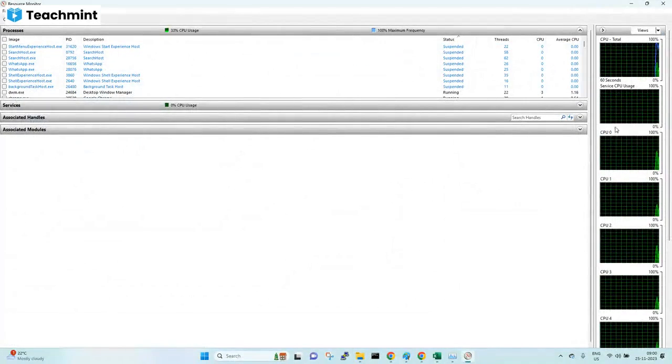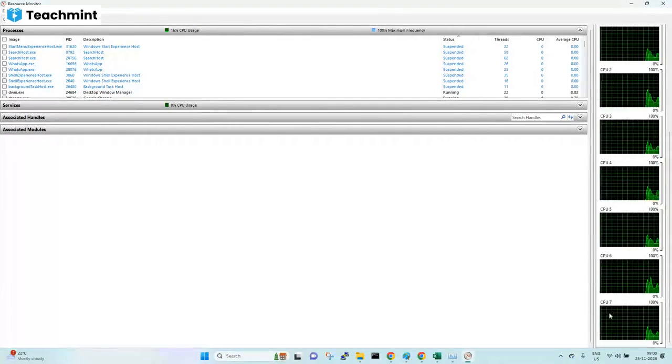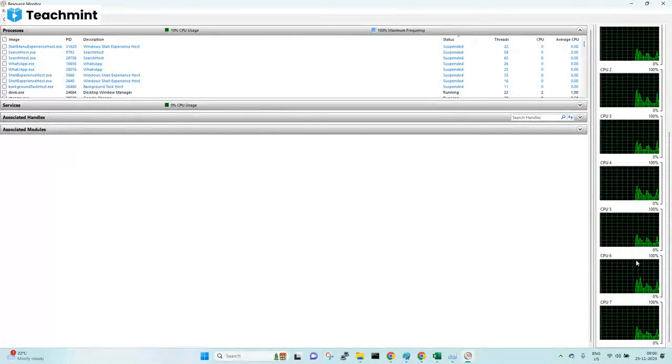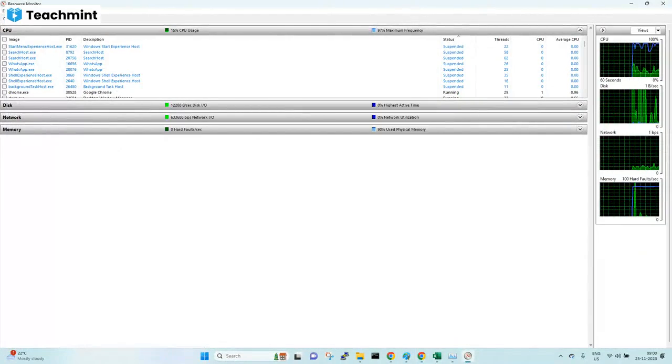If you see here, CPU 0, CPU 1, CPU 2, CPU 3, 4, 5, 6, 7, 8. So in total it's showing 8 processors. But inside my laptop, there is only one chip like this, an i5 processor, and that information you can see here only.